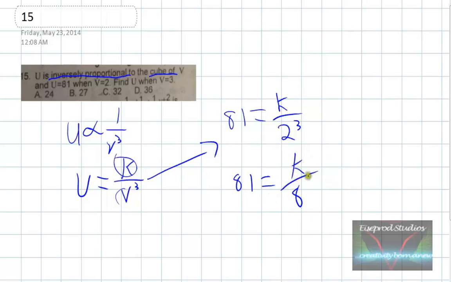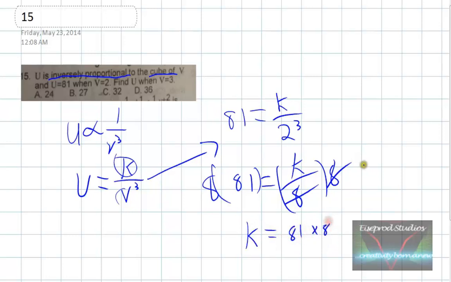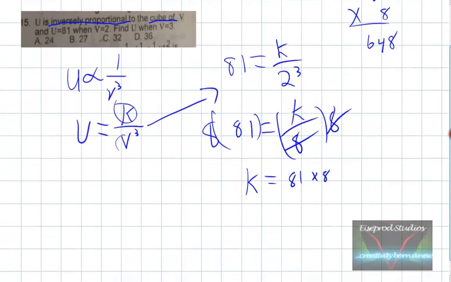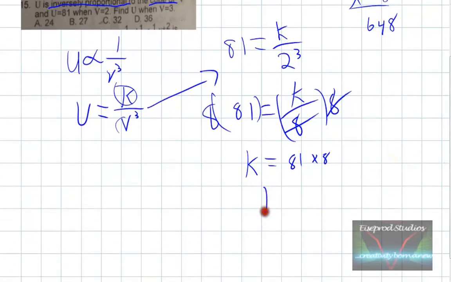Then I'm going to multiply both sides by 8. So then I'm left with k is equal to 81 times 8. So let's do the math over here. That would be 8, and that would be 64. So we have 648 is equal to k.